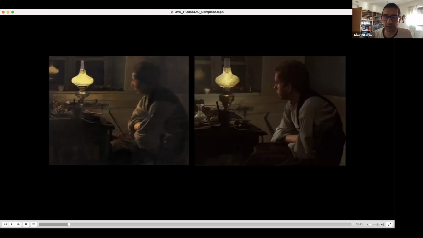comparing with the effect which it throws on the environment, this effect is very important to be credible, to be realistic. And when we overexpose the lamp, of course, it looks too bright for this atmosphere inside the composition.